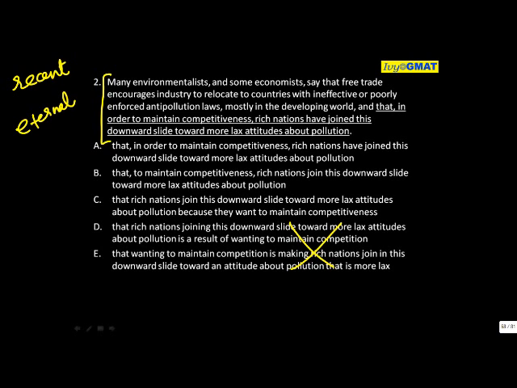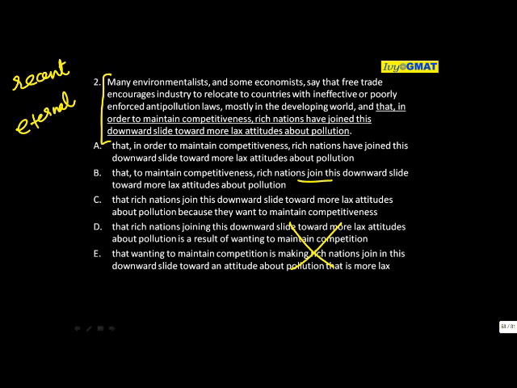So many environmental economists say that free trade encourages industry to relocate to countries with ineffective or poorly enforced anti-pollution laws, mostly in the developing world, and that in order to maintain competitiveness, rich nations have joined this. Is this logically clear now? Do you think this is eternal? That means even for thousands of years this is happening, or it's a recent thing? So if I say they join, is it eternal or recent?